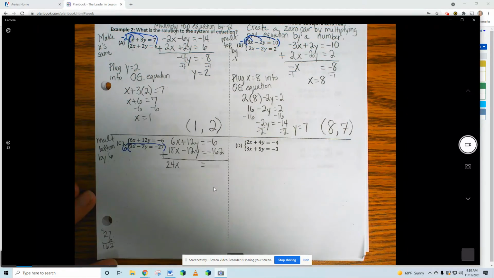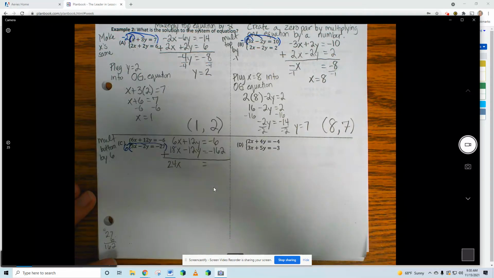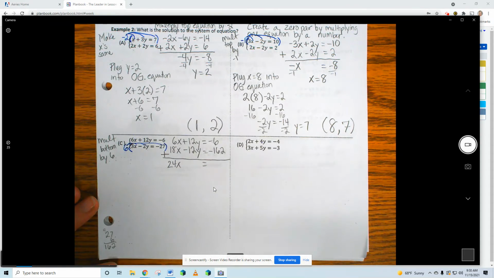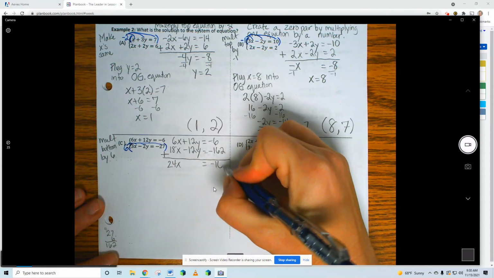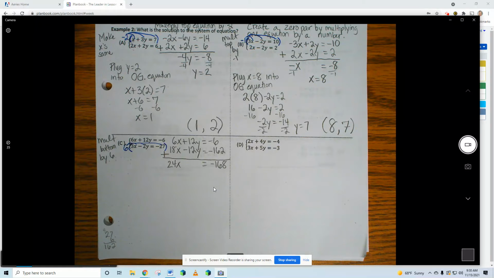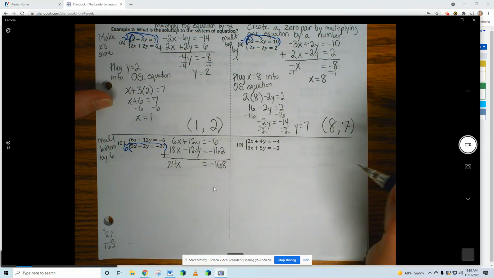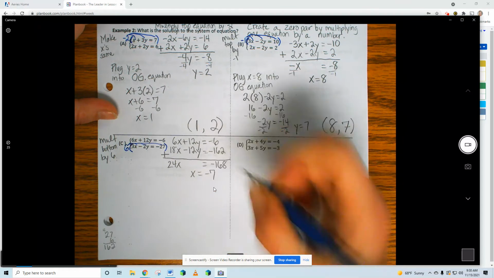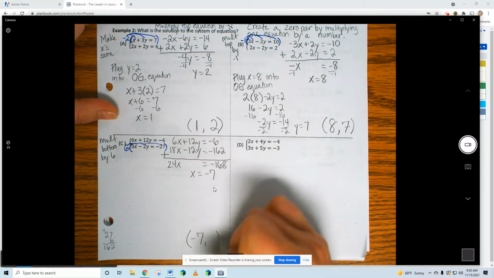What's a negative 6 and negative 162 combined? What is it? Negative 168. Guess what? 24 does go into that. 7 times? Okay. X equals negative 7. I'm halfway done with my solution.